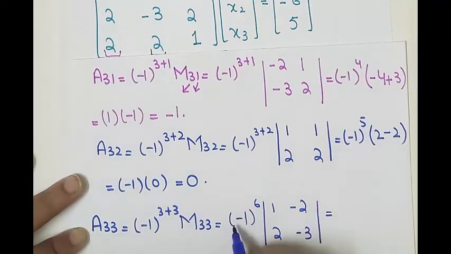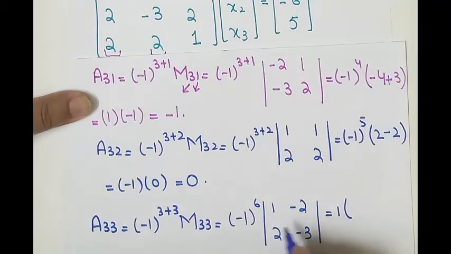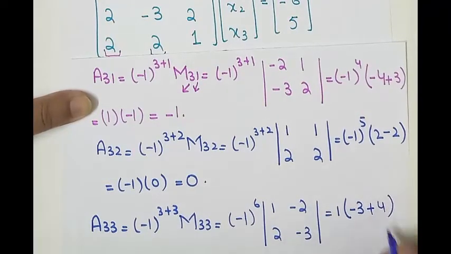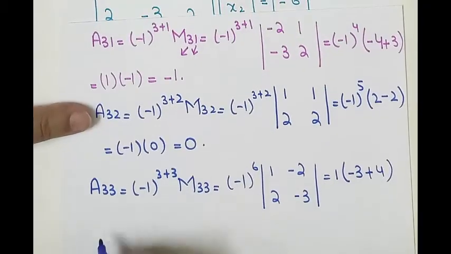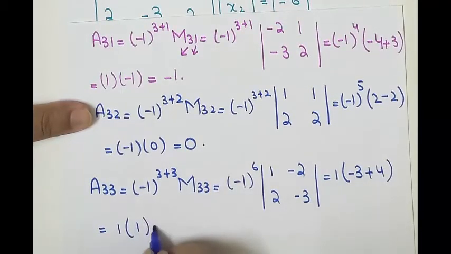This equals 1 × (-6)... 2 × (-3) is -3, minus minus plus, and 2 × 2 is 4. So 1 - 3 + 4 is 1, and 1 times 1 is 1.